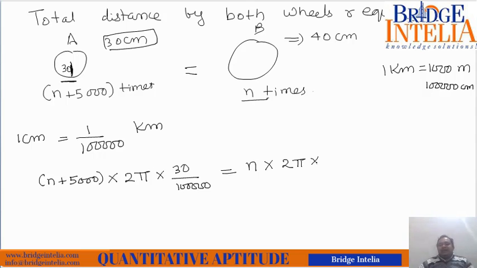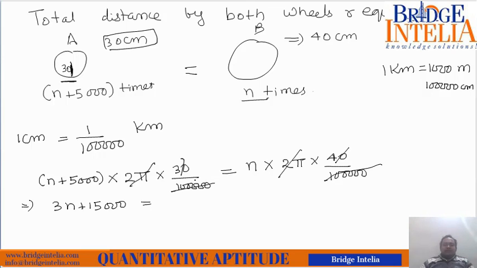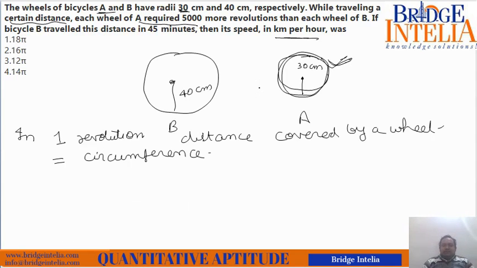Circumference is 2 pi, radius is 40 by 1 lakh. So let's find out the value of n. So 2 pi cancels, 1 lakh cancels, this 0 cancels. So from here 3n plus 15,000 is equal to 4n. So from here you can see that n is equal to 15,000.